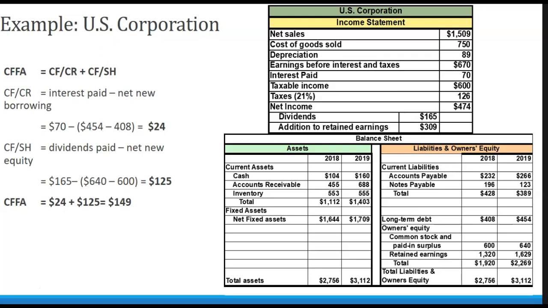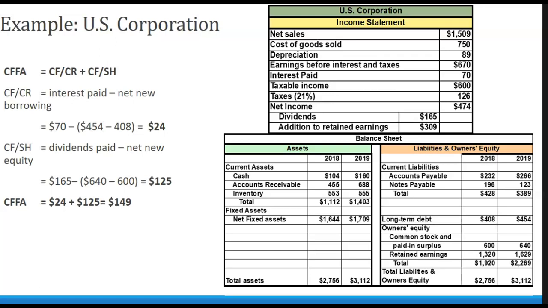We have interest paid of $70, and then we have long-term debt changed from $408 in 2018 to $454 in 2019. So in addition to interest paid, we've also taken on additional long-term debt. So our cash flow to creditors is $24.